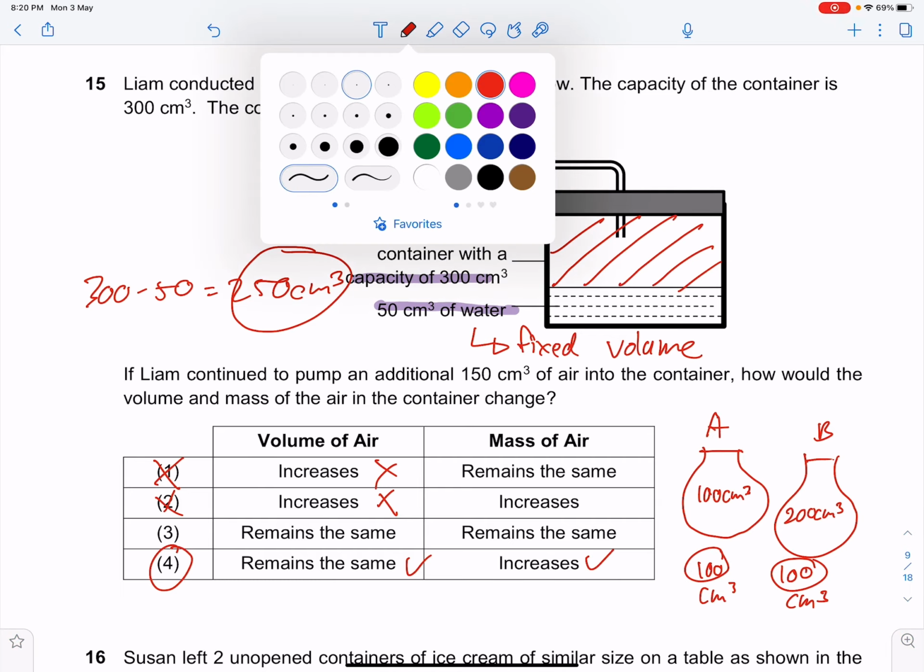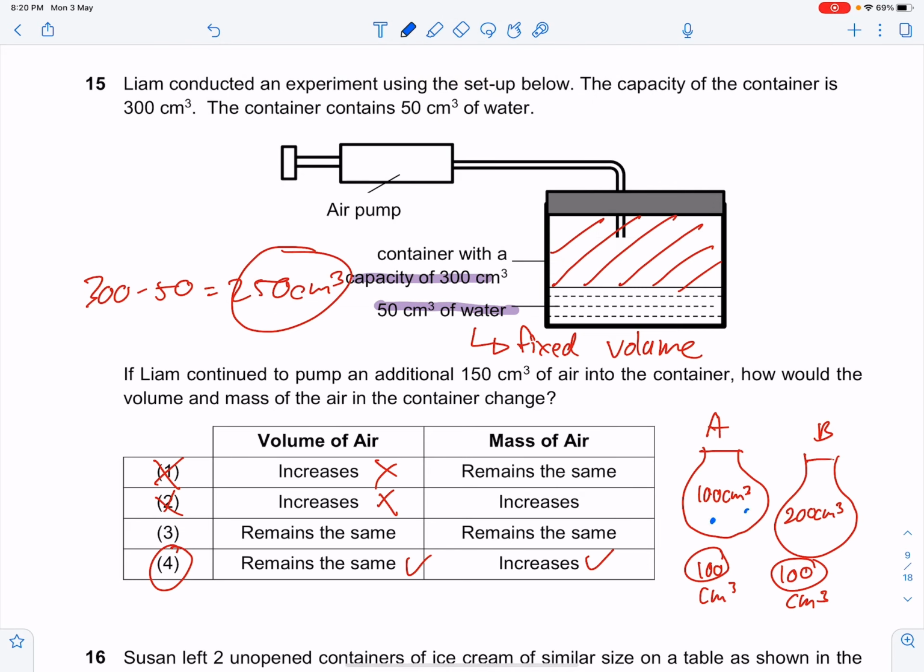However, if we take a look at the particles, I'm just doing a very simple illustration here, you would see that there's twice the amount of particles being packed into container B compared to A. So we say that B has a higher mass, because remember I said this, mass deals with the amount of substance that makes up an object.